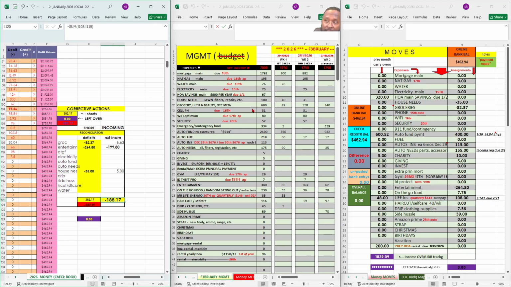I'm moving it into my management plan of February, which is the next month. And I'm saying, okay, now that I've moved that money over and I'm adding it to the income that I'm expecting to get, it's going to result in me being short 188.17 of the total amount that I was short, 382.17.